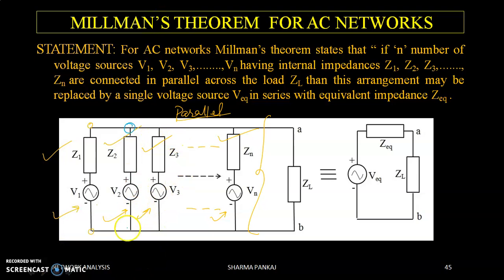For all the parallel combinations of Z and V, these are connected across ZL. This is your ZL, which is across load terminal A and load terminal B.